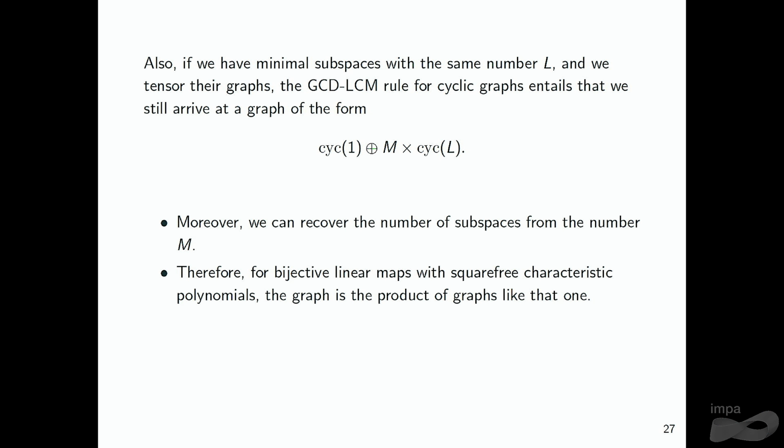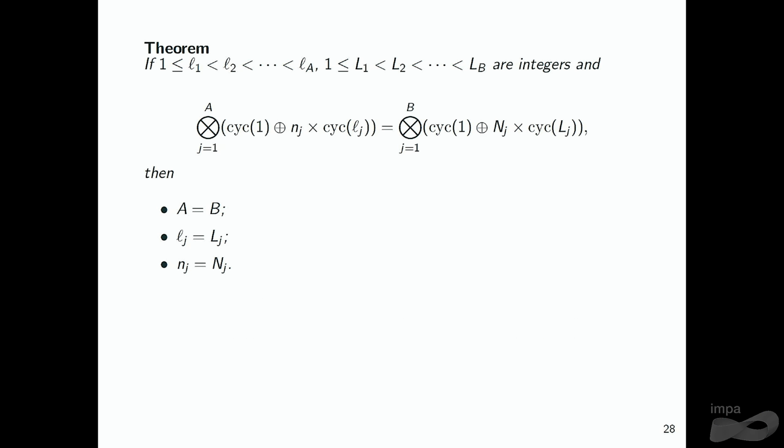Basically, the idea is that when I decompose in this way, I have some sort of unique factorization of graphs, right? So if I take two digraphs, where in each component I have a loop plus copies of the same cyclic graph, and I ask that in each component this number L be different, then I can decompose a graph like this in a unique way.